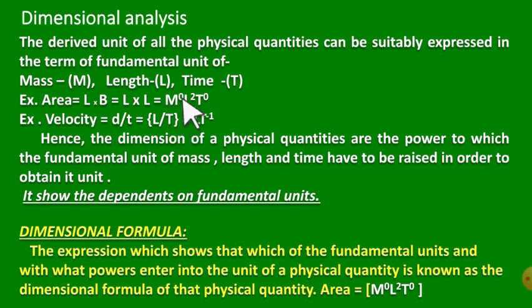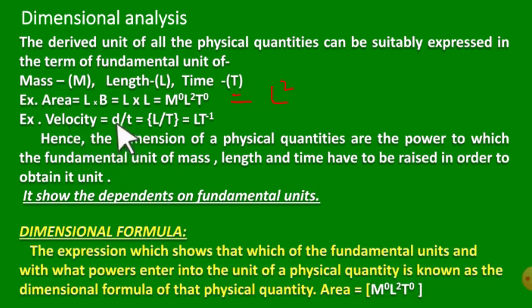The remaining fundamental units like ampere and thermodynamic temperature Kelvin will not be here either. If nothing is written, it is understood that those fundamental units are not coming up in expressing this area.